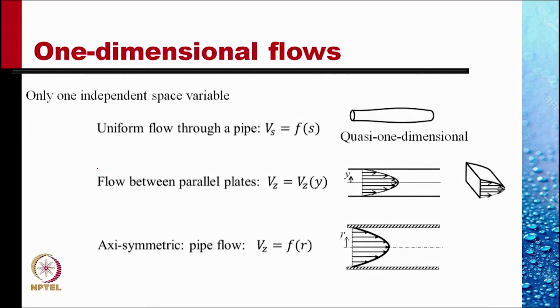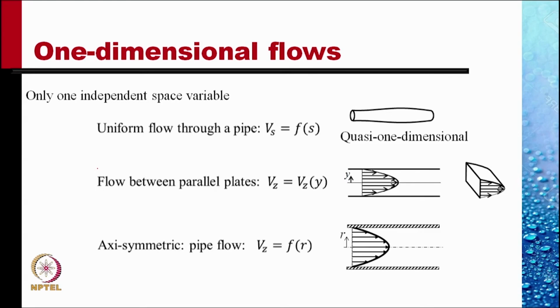Then simplification because of dimensionality of flows. If there is only one independent space variable, for example, we have flow through a channel, and we can assume the flow to be uniform, that at each section of the channel, the velocity is uniform.